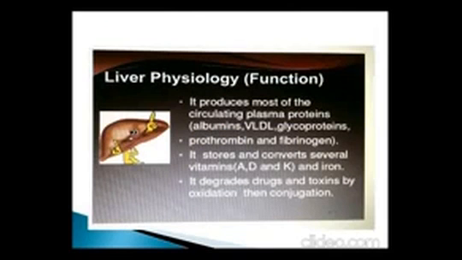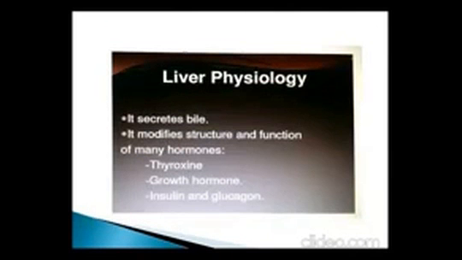For example, any bleeding tendencies are also linked to the liver because of its relation to the synthesis of prothrombin and the fibrinogens. It secretes bile. It modifies the structure and function of many hormones like thyroxine, growth hormone, insulin, glucagon.